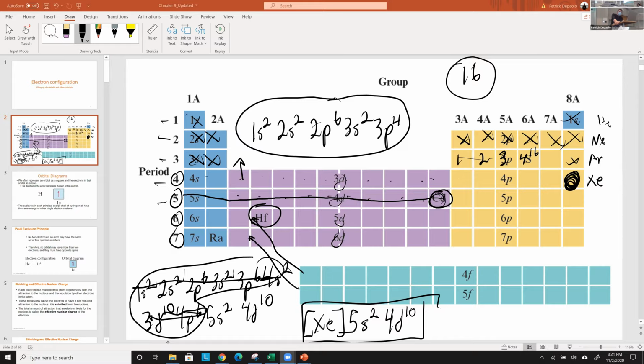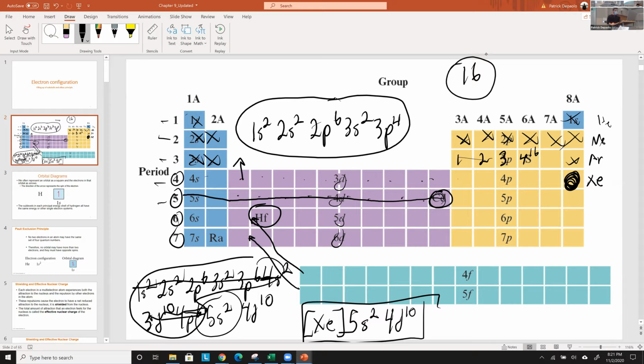So you're looking at 4d10, right? Is 4 the highest energy level? It isn't. Yep, 5. Even though 5s2 comes before 4d10 when we're writing it out, it's the highest number energy level that has the valence electrons. So that means it would be further away from the nucleus. So that's important to know.